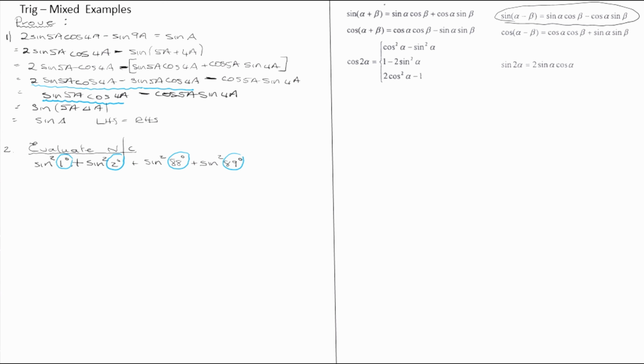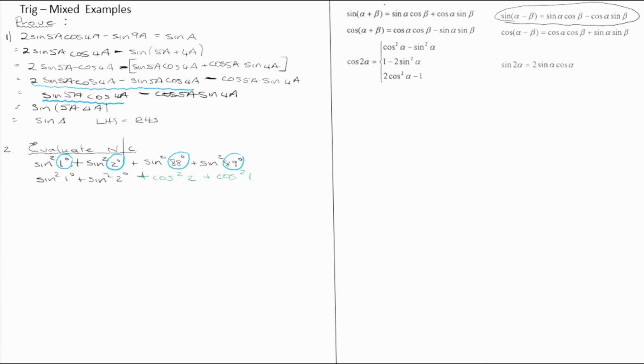So I'm going to leave the first two, sine squared 1 plus sine squared 2, and then I'm going to change sine squared of 88 into cos squared 2 and sine squared of 89 into cos squared of 1.